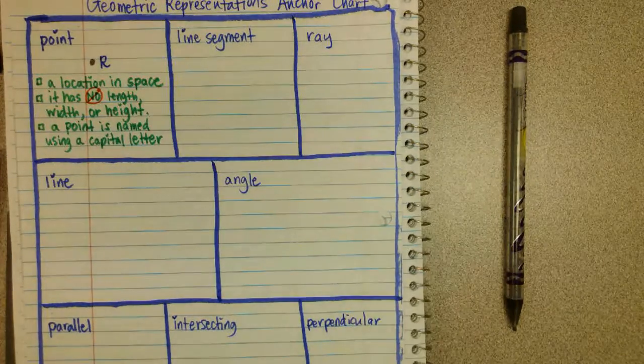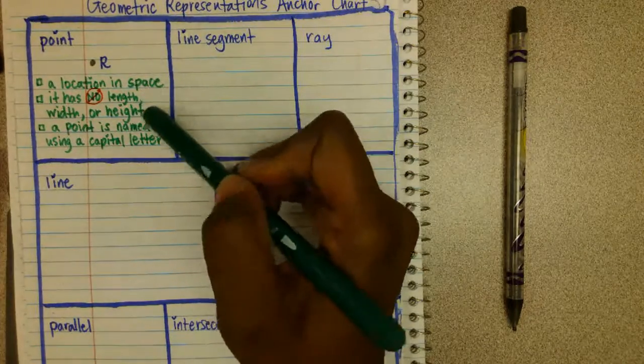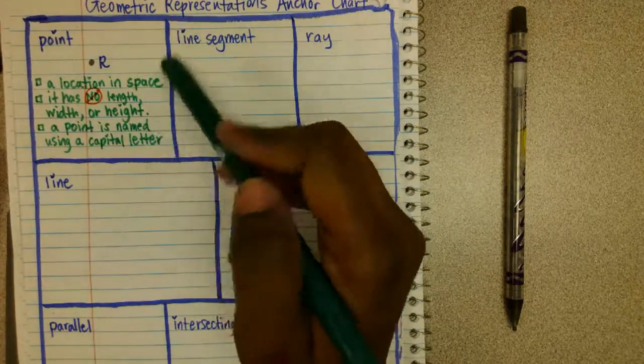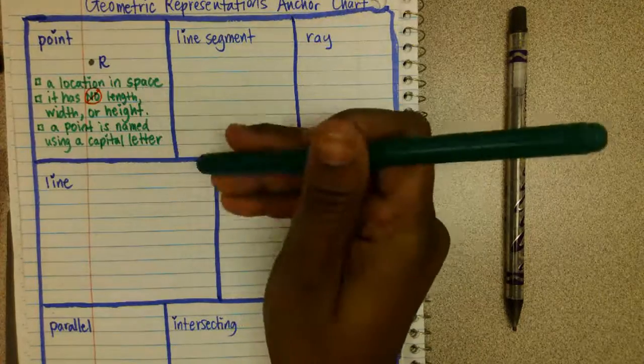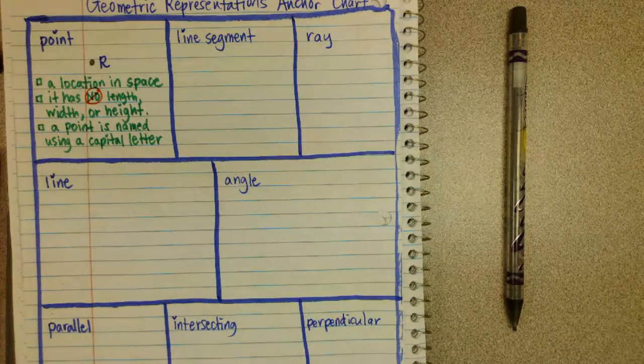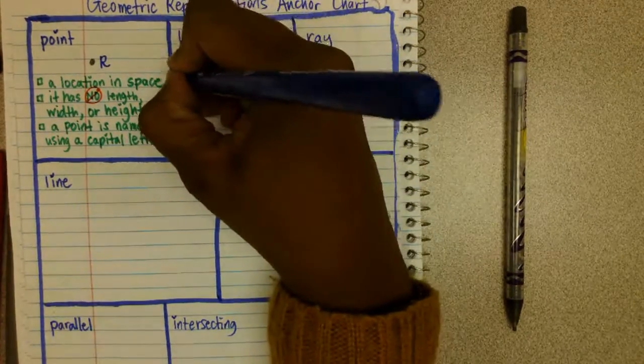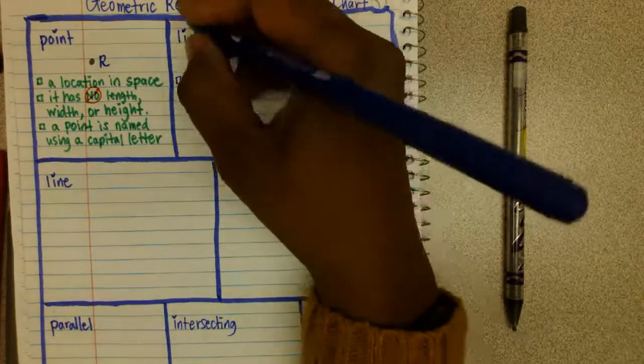So for each one of these, we're going to define the characteristics, and we're going to say how we name them. For fourth grade, this is the difference between fourth and second. All right, so I'll do one more with you. I'm going to do a line segment. All right, so I want to introduce what a line segment is first.